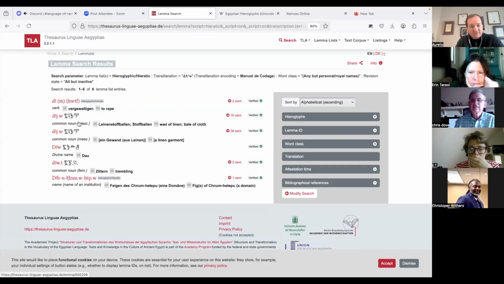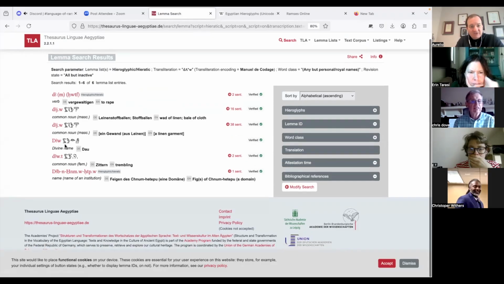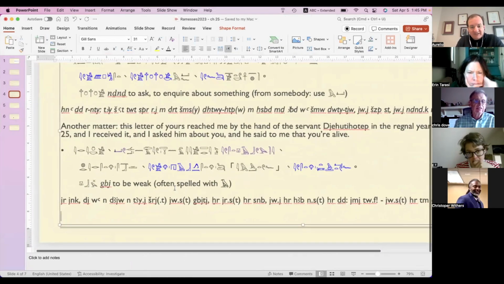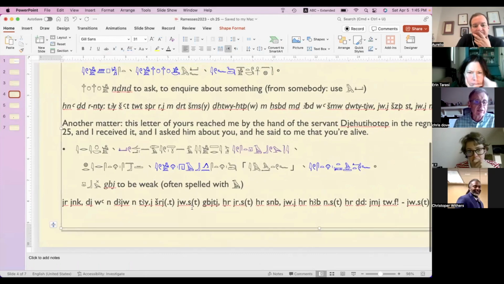So now I see the confusion. It could be either the textile itself, or it could be something made from that textile. We need to know from context what exactly this person did. Now I think I get the gist of it.